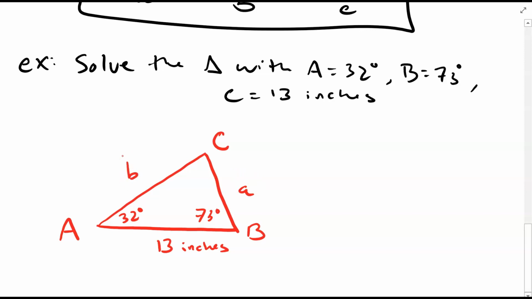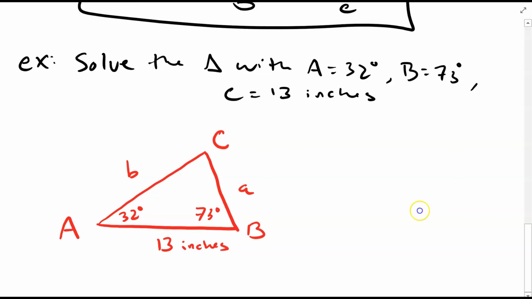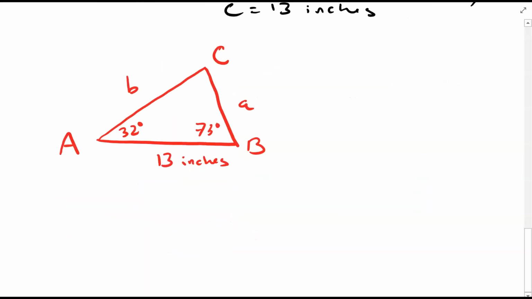AC. Everybody feel okay with how we pick those labels? Now it's important that you label the opposite side with the lowercase version of the vertex name, because these formulas don't work if you're not naming your triangles in that same fashion. Everybody understand? Okay.